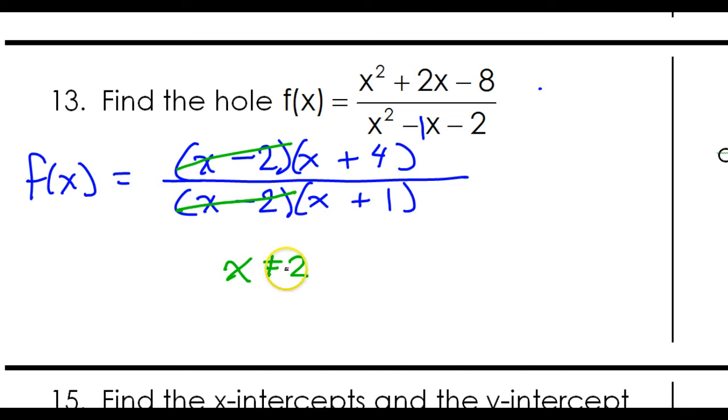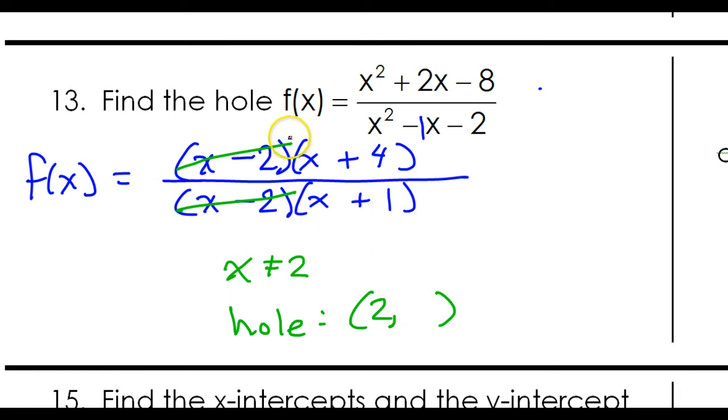So x cannot equal positive 2. So this is where the hole is going to be. So we need the y value that goes with this. We know that the hole is going to be 2 comma something.